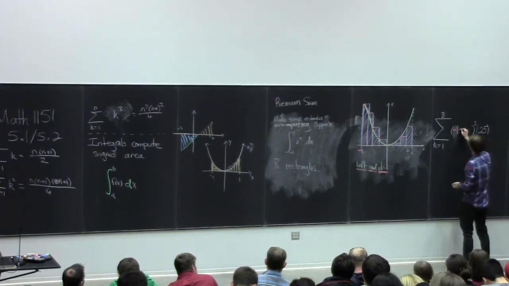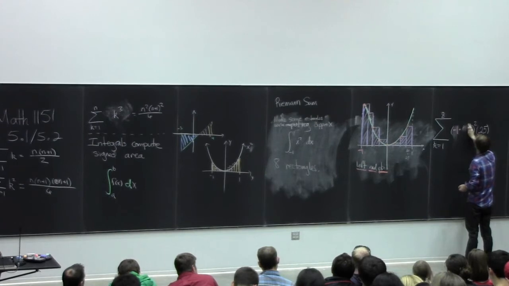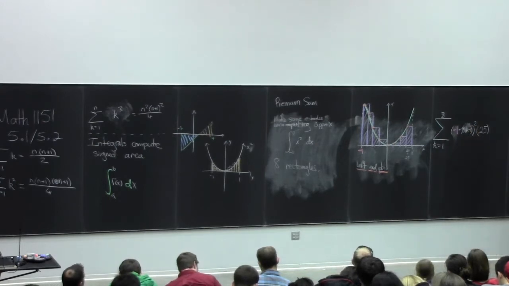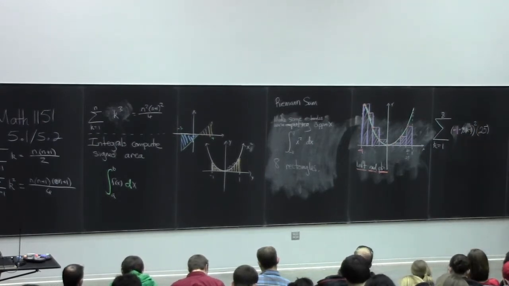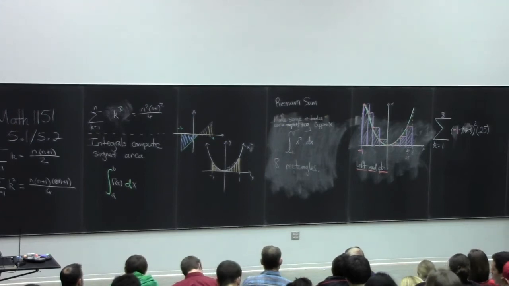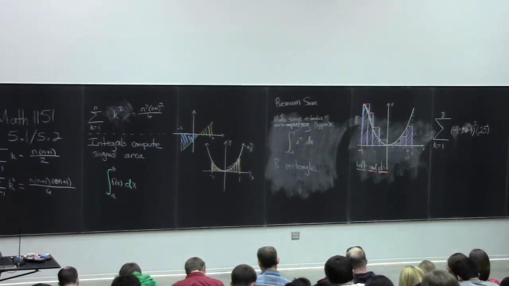So what I'm going to do is add it to k -1 plus 0.25 times k -1. Oh, that's wrong. Wait. Is it? Oh, it is right. Woo!